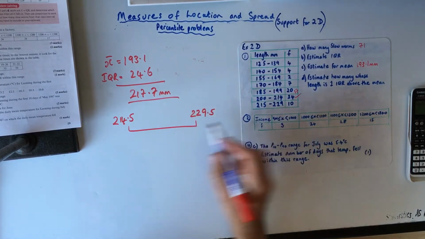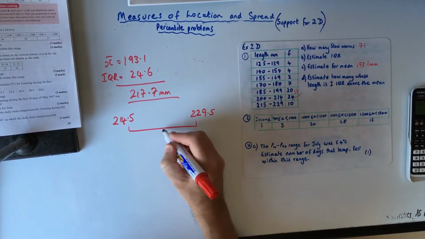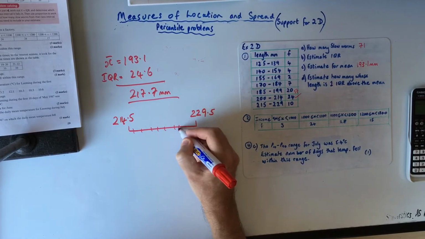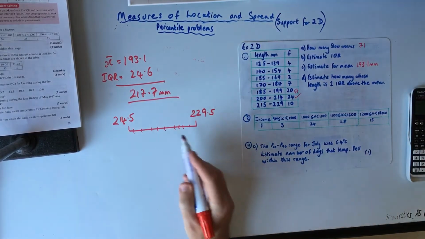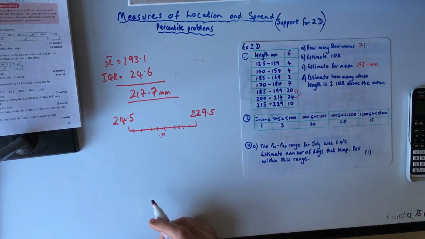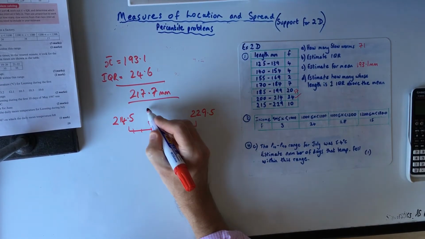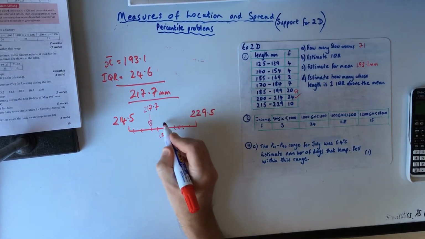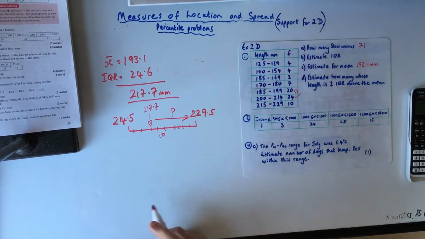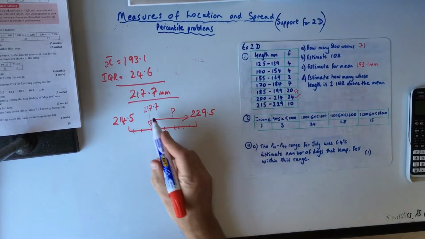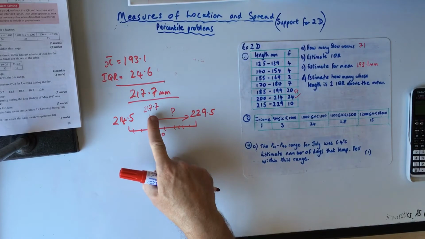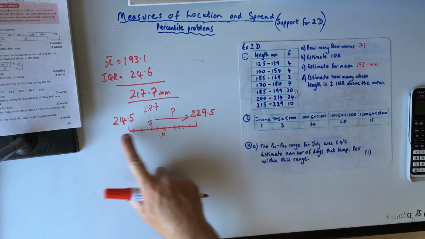And it's actually, there's 10 snakes in there, so 1 2 3 4 5 6 7 8 9 10. There's 10 snakes in there. And we want to know, if this is 217.7, how many snakes out of those 10 are bigger than that? So we just need to find the position of this in the group.